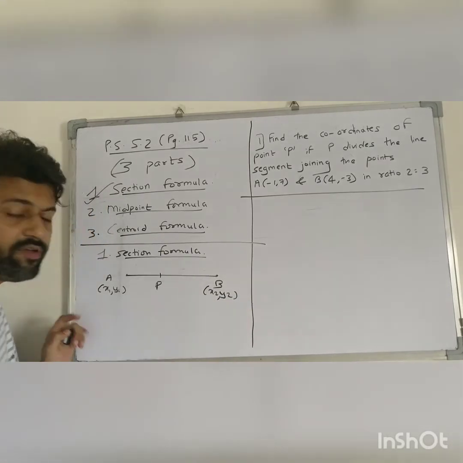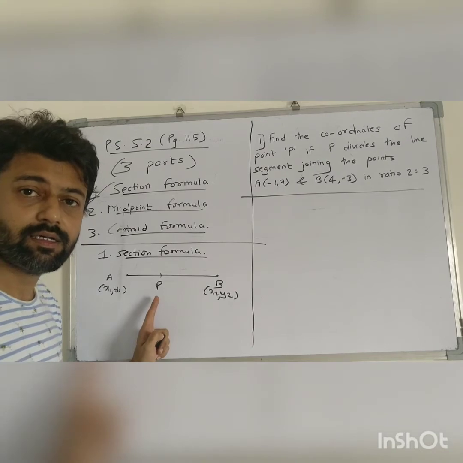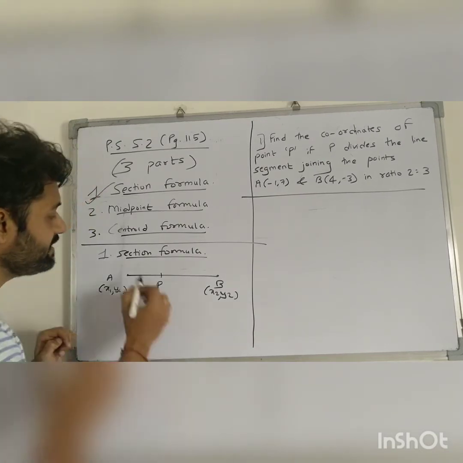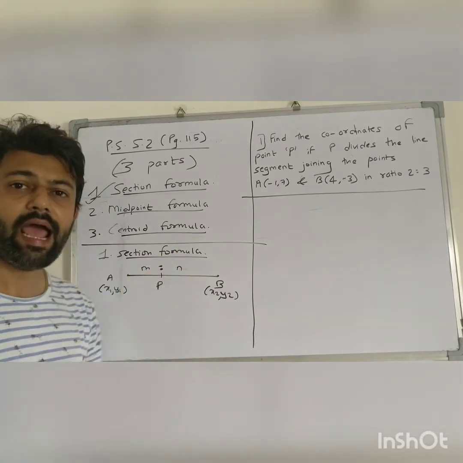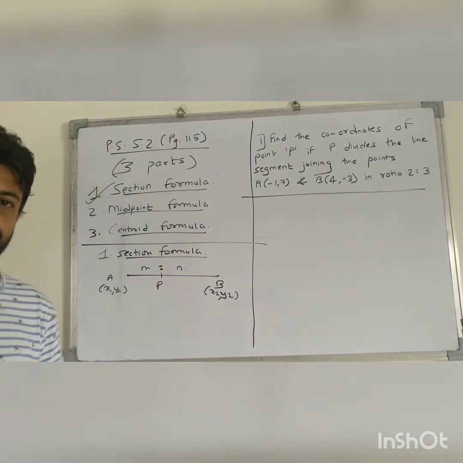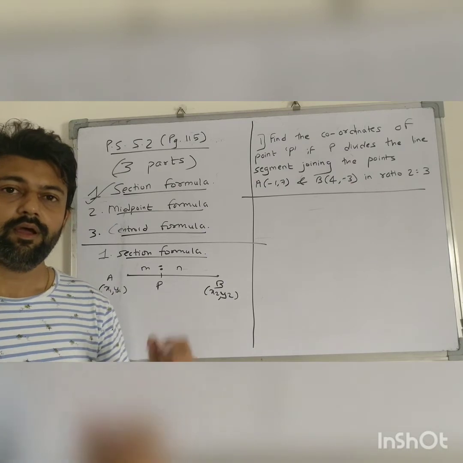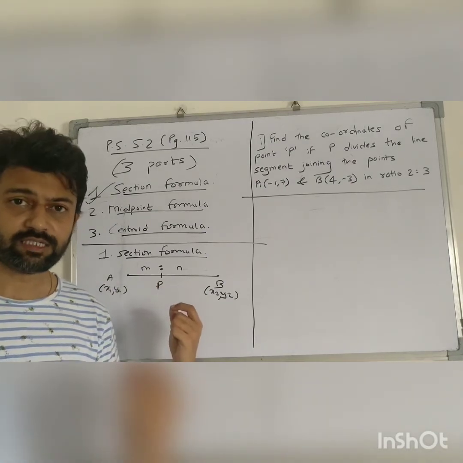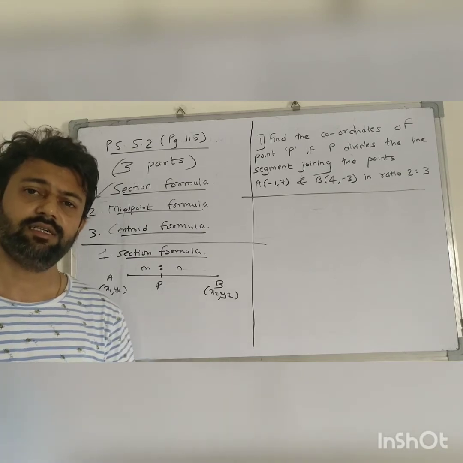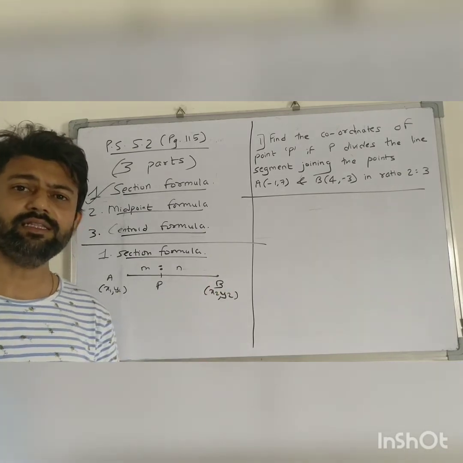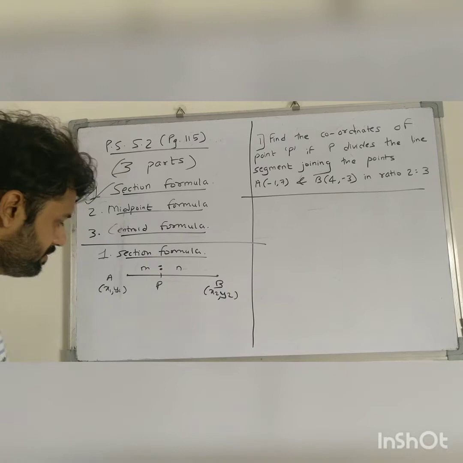Then we can find the coordinates of point P which divides the segment AB in the ratio m:n. The formula helps us to find the coordinates of that point which divides the segment in the ratio m:n.